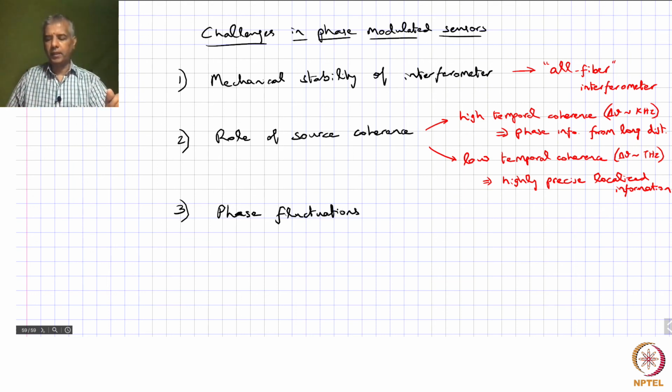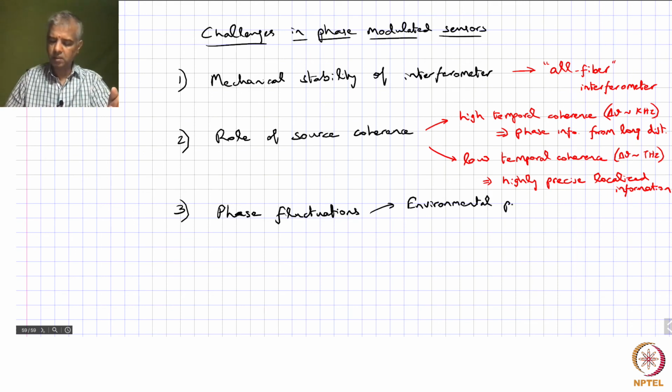Okay, and where are these fluctuations coming from? Well, these could come from just environmental perturbations, just changes in the room temperature, just changes in the room pressure, for example. Those sort of things can possibly give rise to the phase fluctuations.